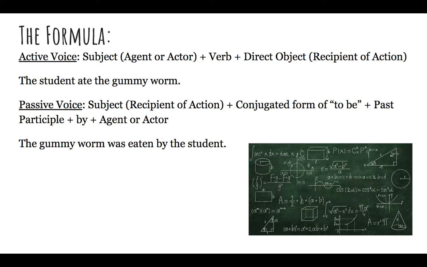So if we apply that formula to our original sentence then, we'd have first the gummy worm, the thing that is receiving the action, then the words was eaten, and then finally by the student, the person or thing performing the action, now comes at the end of the sentence.